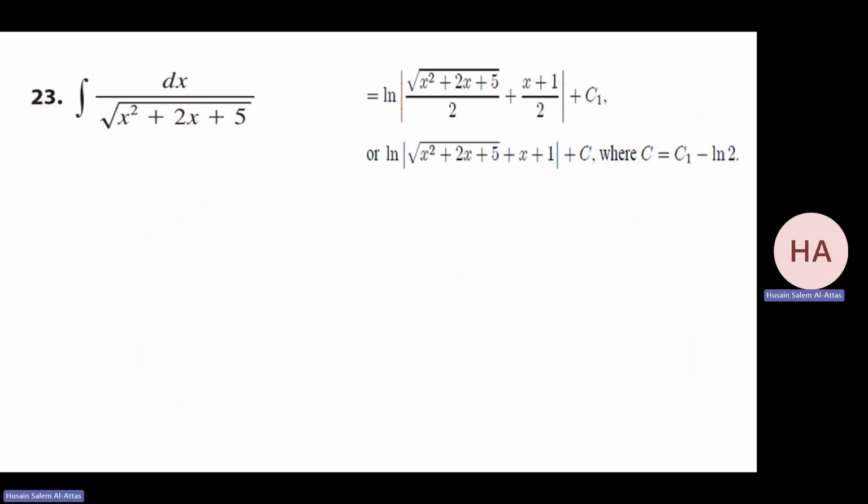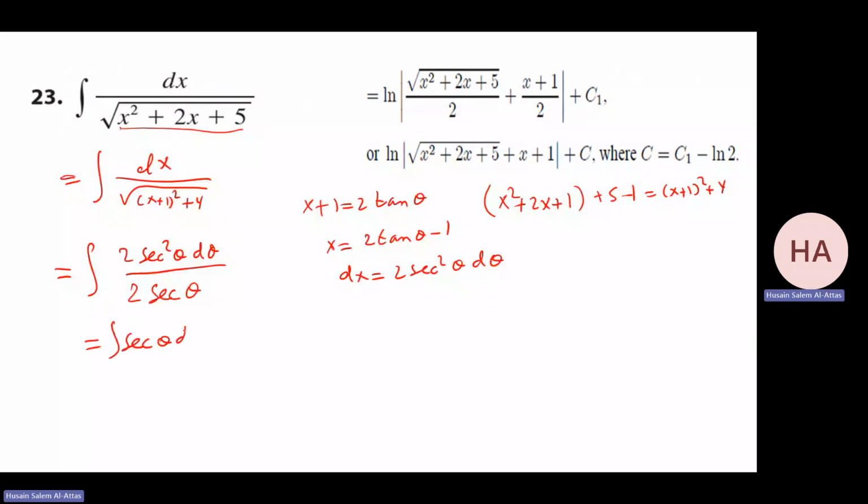So x will dx, stated this tan square. I have 4 tan square. So I take 2 out. 1 plus tan square, that would be secant theta. That gives me secant theta d theta, which I know is ln secant theta plus tan theta plus c.